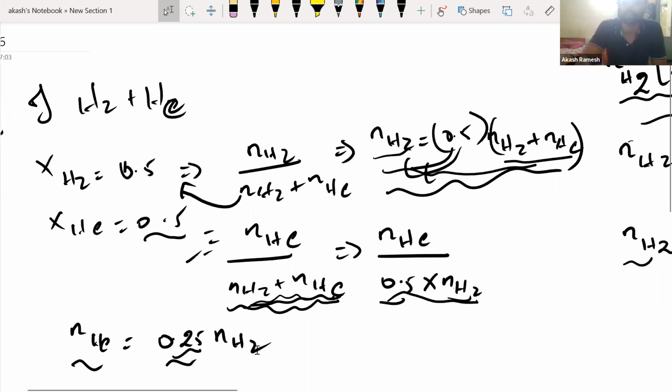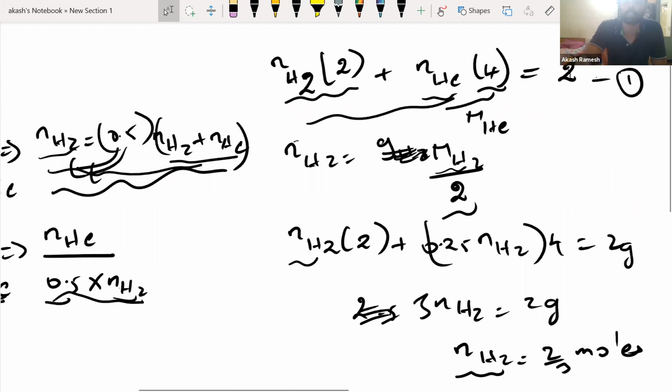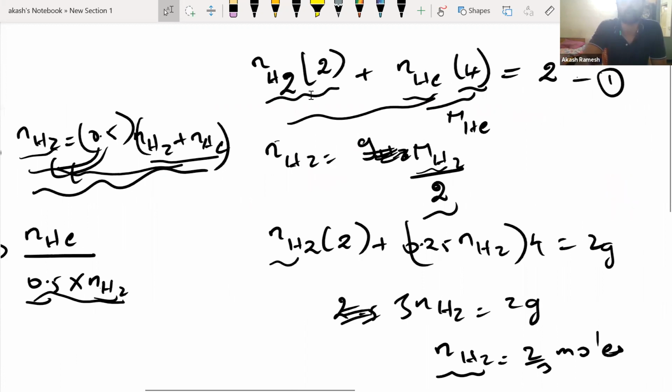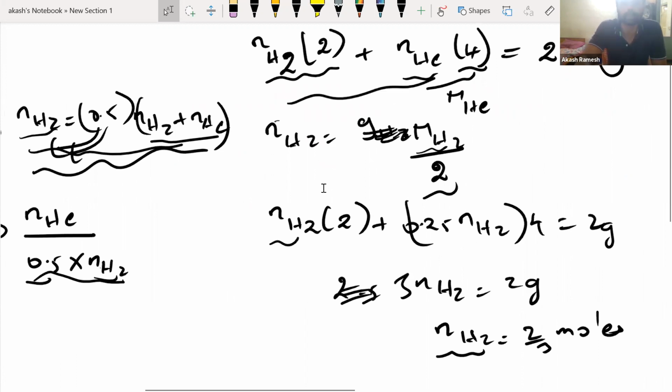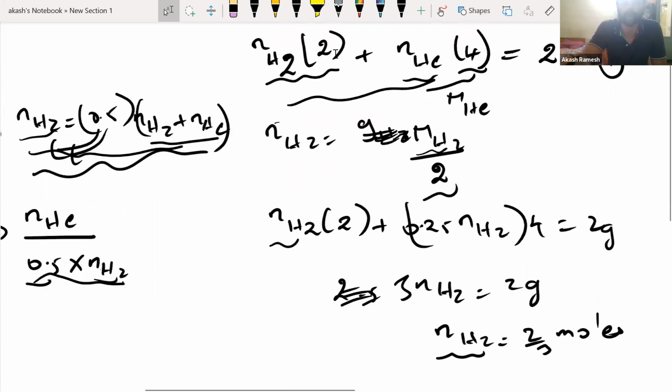Done. And then I go for the mass equation. They gave the total mass is 2. So the number of moles into molecular mass of H2, plus the number of moles into molecular mass of helium, total should be 2 grams. Now the number of moles of H2 we kept as such.